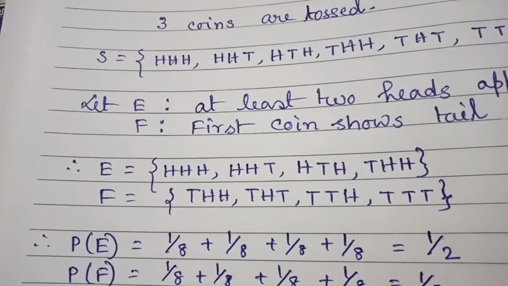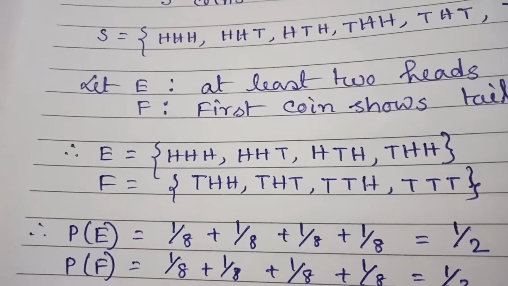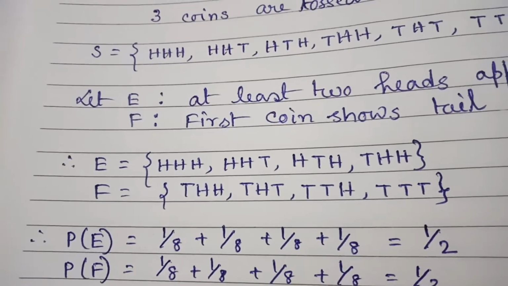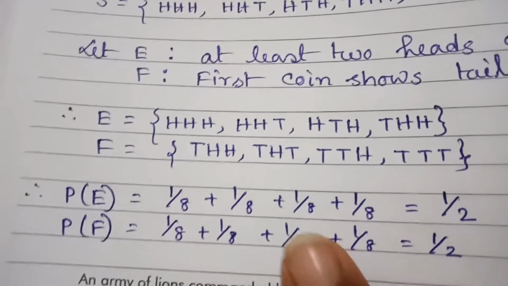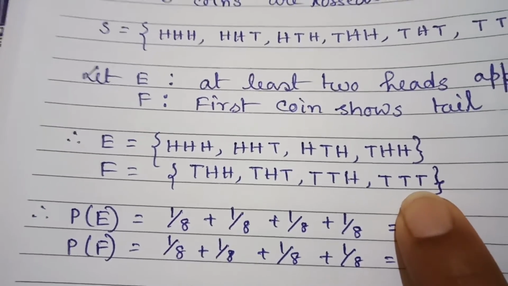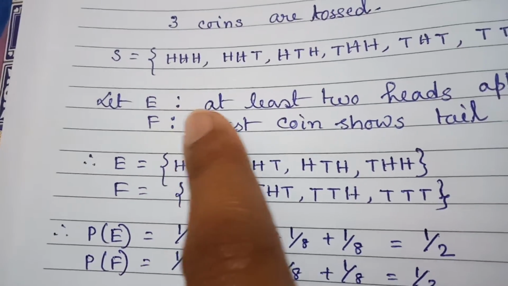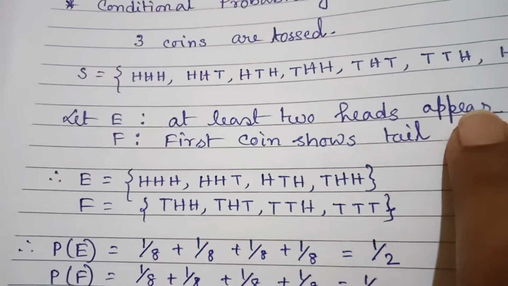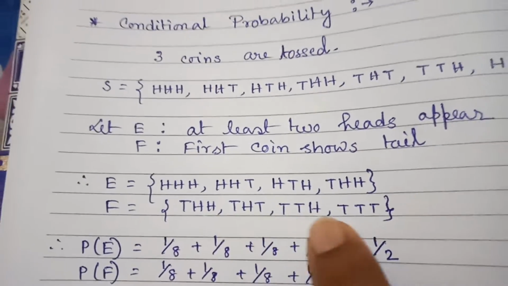So there are 4 points: THH, THT, TTH and TTT. Now we will find a sample point from F that is suitable for the description of E. That means at least 2 heads appear. So 2 heads we will find from F.